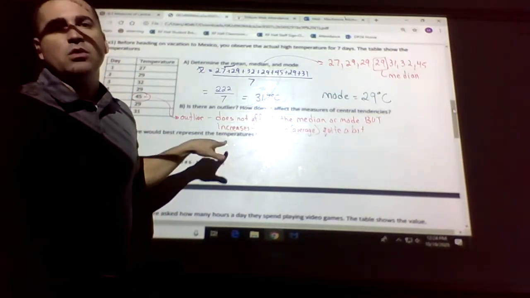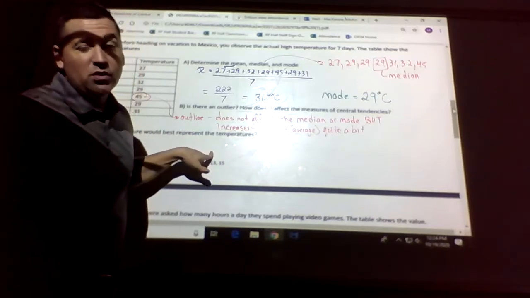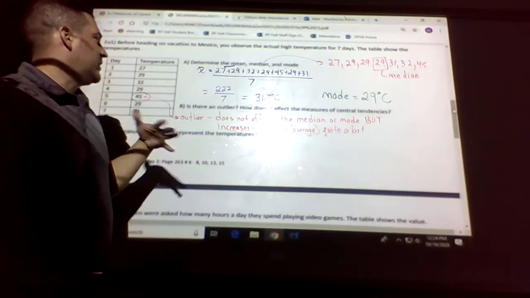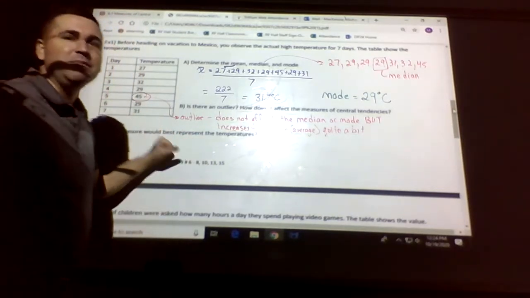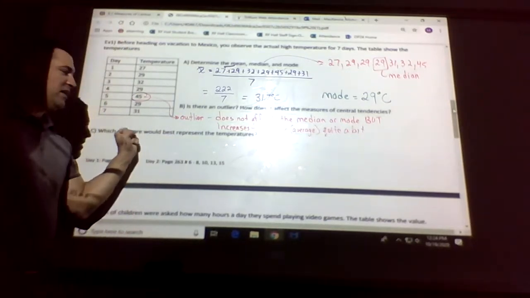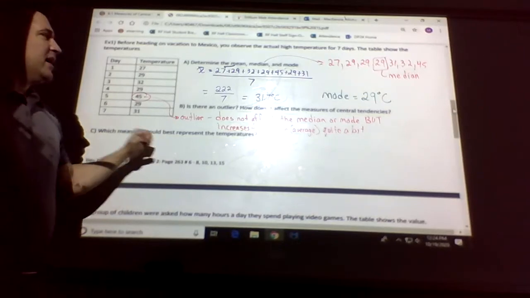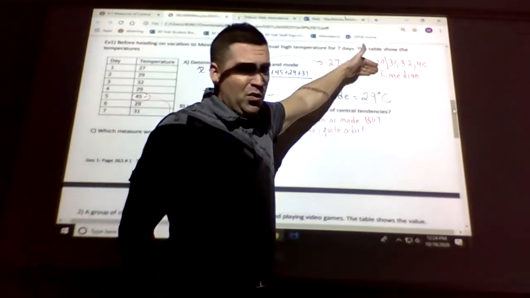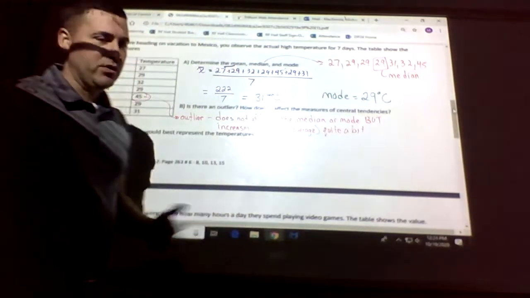Which measure would best represent the temperatures? The answer is almost always the median, because the median is the middle value. So that would be the best representation. In this case, it's actually both the median and the mode, since it's the same number.